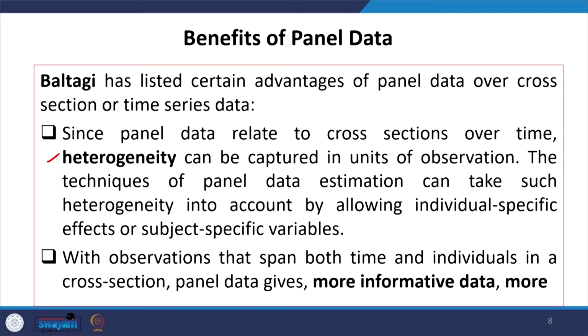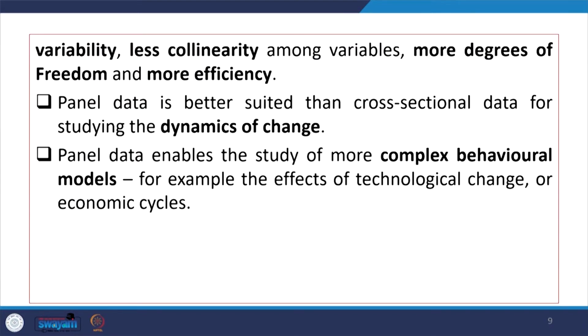The techniques of panel data estimation can take such heterogeneity into account by allowing individual specific effects or subject specific variables. The second advantage is that with observations that span over time and individuals in a cross section, panel data keeps more informative data, more variability, less collinearity among variables, more degrees of freedom and more efficiency.